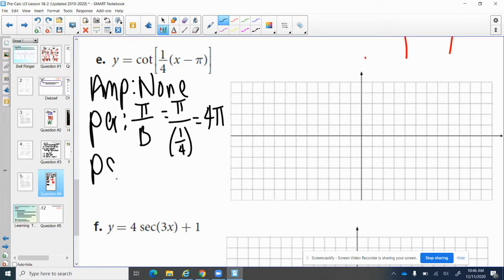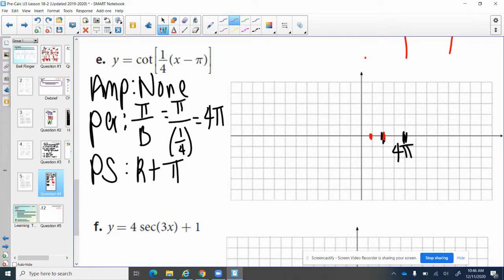Now we are going to have a phase shift this time, pi, that we're going to have to account for. So normally when we talk about our graphs of cotangent, we know they repeat by pi, and we usually have vertical asymptotes at 0 and pi. Well, this time we're just going to change things so that it's repeating by 4 pi.